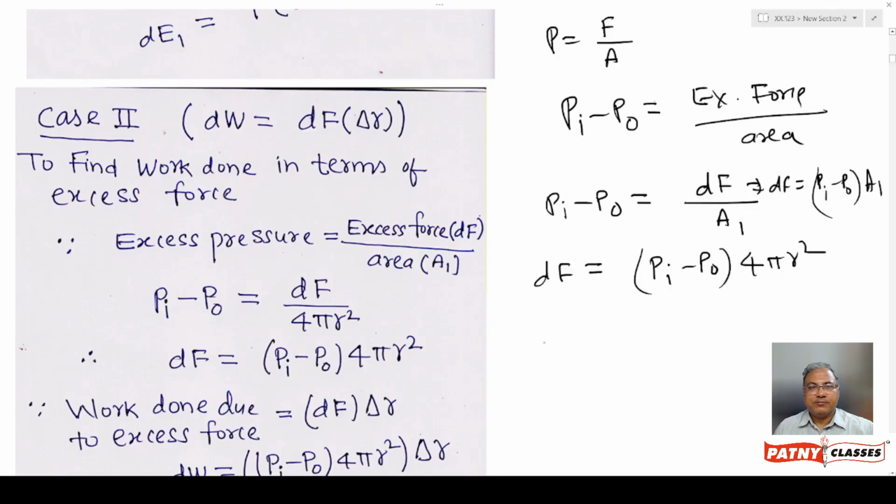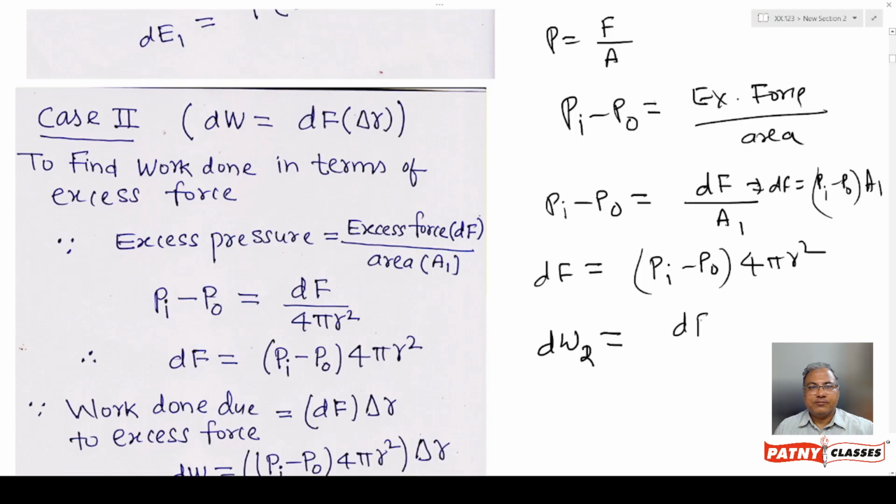Now the excess work done, again we get dW1. We get the same work, but we are using a different formula. Therefore here we can call it dW2, second case. They are same as earlier, dW1 equals dW2, but to distinguish between them I have taken the suffix 2.